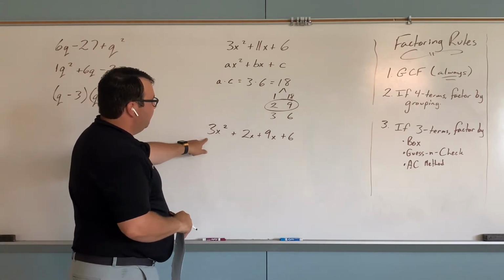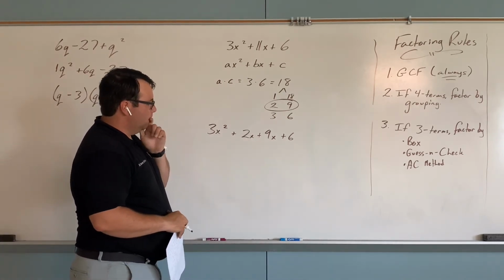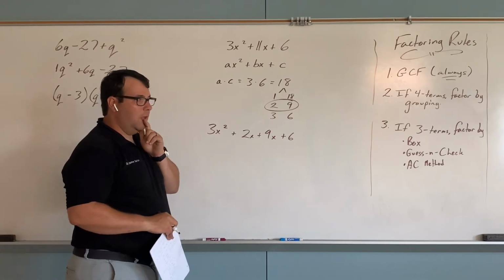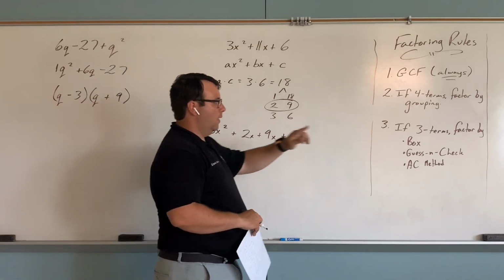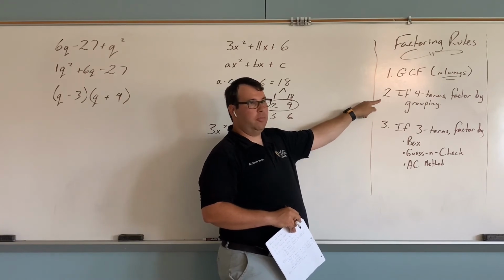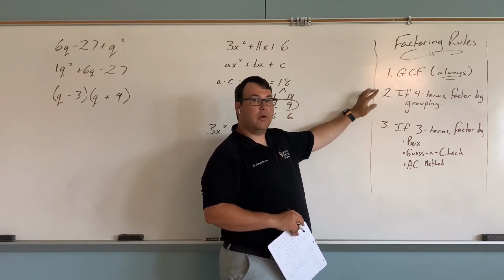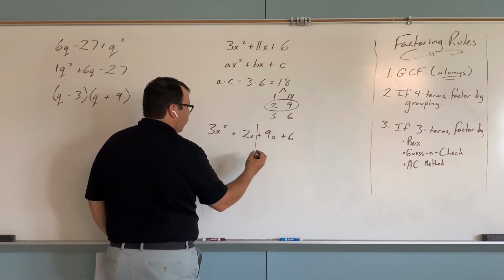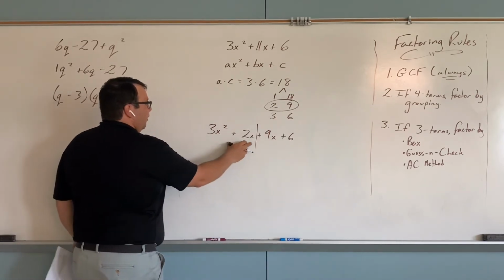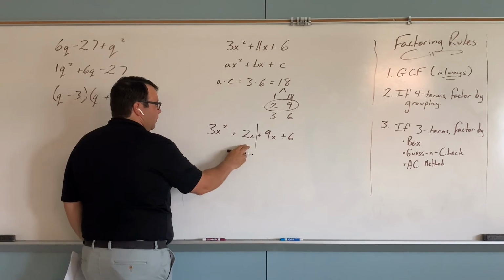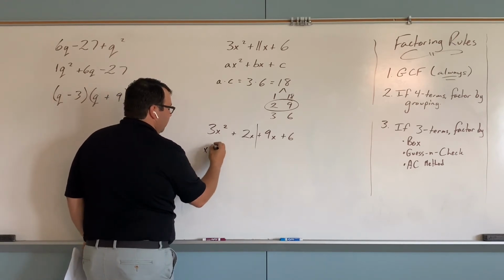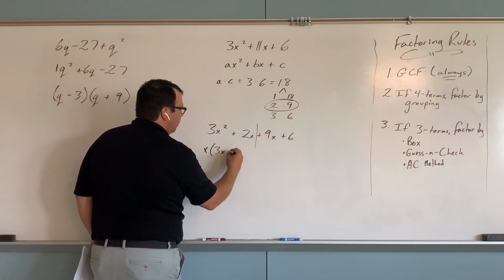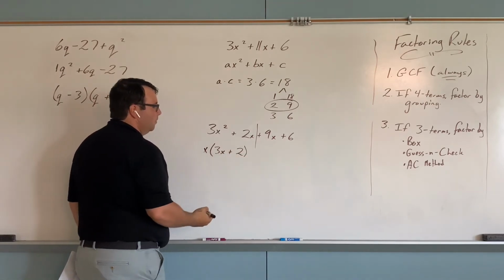Okay. Now, let's reevaluate. Where am I at? Now I have a 4-term polynomial. You know how to factor a 4-term polynomial. It's factoring by grouping. You already have a rule for that. So this is where you play Math Ninja. Looking at the first half, I have x in common, so I can pull that out. I'm left with 3x plus 2.